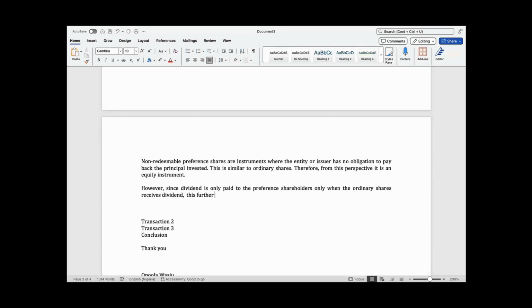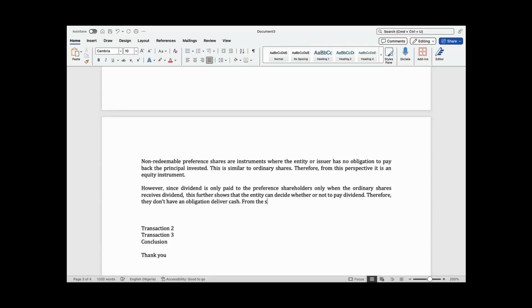This further shows that the entity has discretion, or the entity can decide whether or not to pay dividend. Therefore, the entity does not have an obligation to deliver cash.